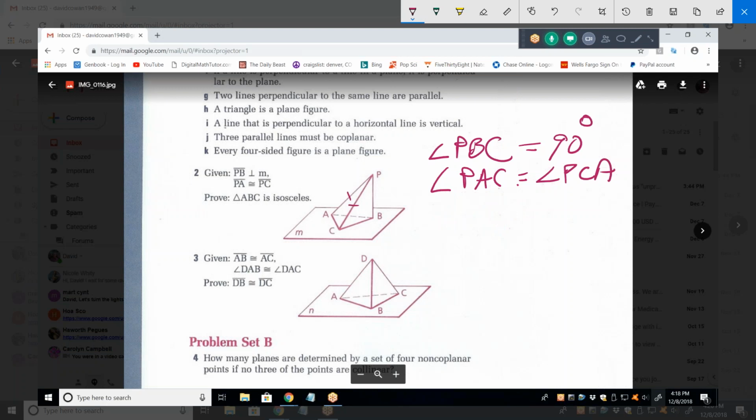And I believe that's all. So that would mean that they're 45 degrees. Well, hold on. We really don't know what this angle right there is in that triangle. So we don't know they're 45 degrees. They're just equal.